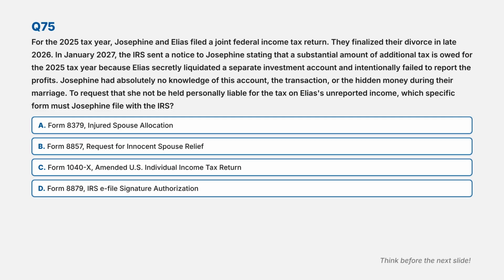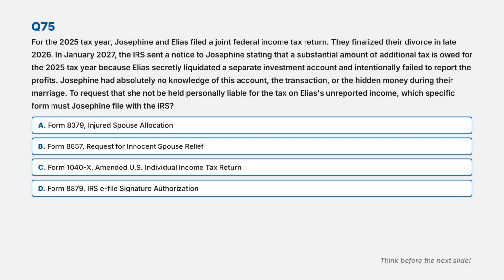In January 2027, the IRS sent a notice to Josephine stating that a substantial amount of additional tax is owed for the 2025 tax year because Elias secretly liquidated a separate investment account and intentionally failed to report the profits. Josephine had absolutely no knowledge of this account, the transaction, or the hidden money during their marriage.